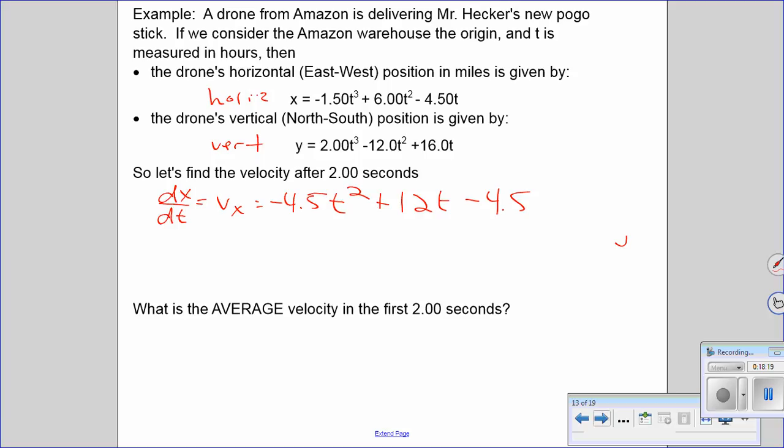All right, is everybody good with that? Now I want it after 2 seconds, so let's find Vx after 2 seconds. What do I do? Just plug in 2, right? 2 squared is 4 times negative 4.5, so that's negative 18, plus 12 times 2 is 24.